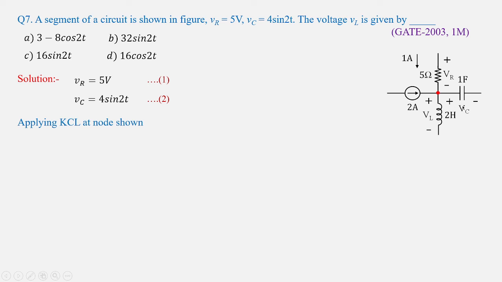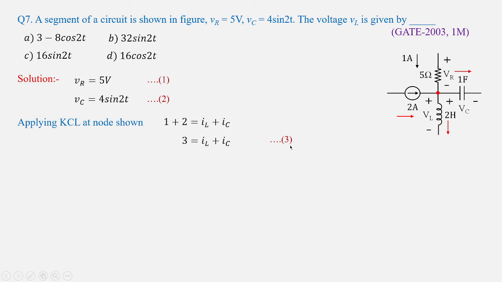And since VC is positive over here, negative over here, I'll assume the currents in these directions according to the given data. So the current in 1 farad is in this direction, current in 2 henry is in this direction, and by applying KCL I get 1 plus 2 equal to IL plus IC. In fact, if you solve this, you will get 3 equal to IL plus IC.